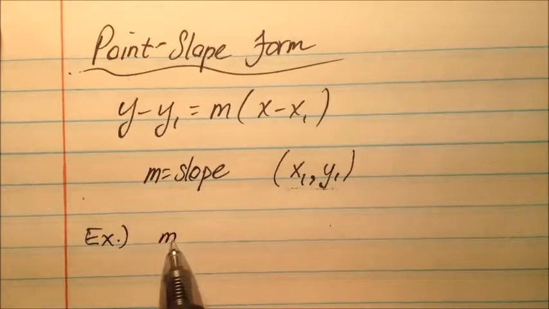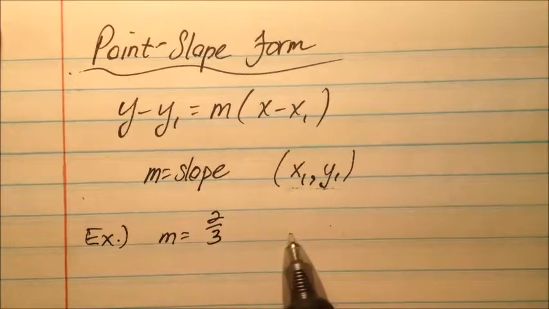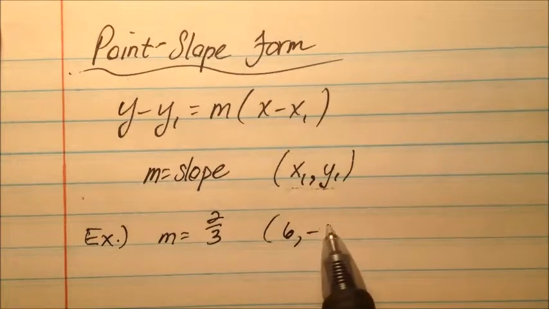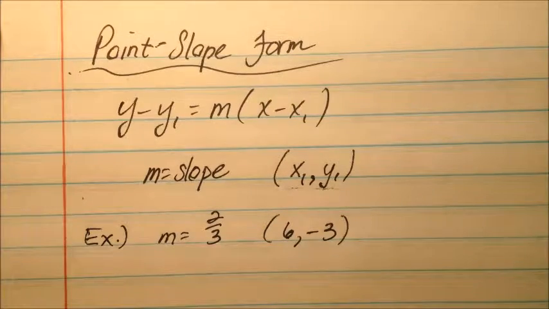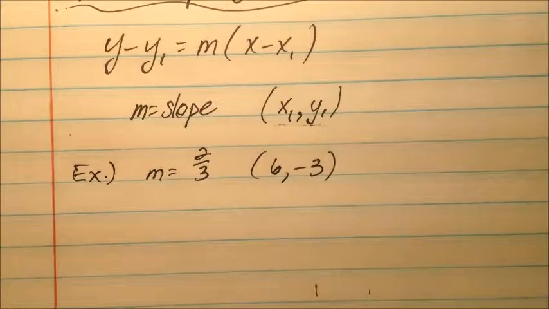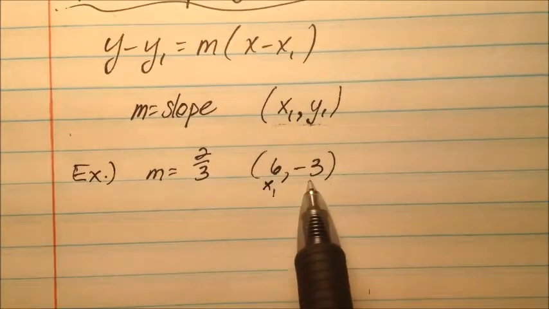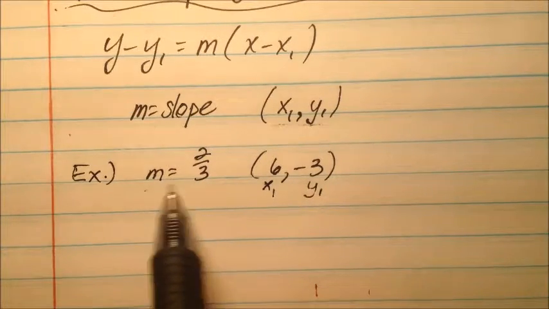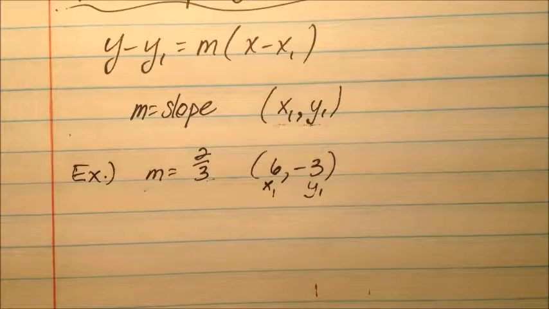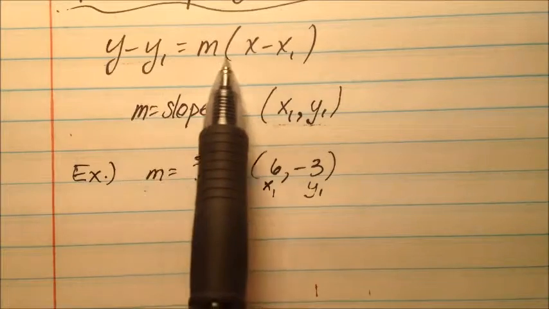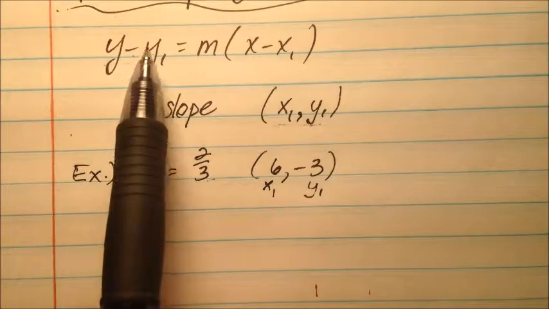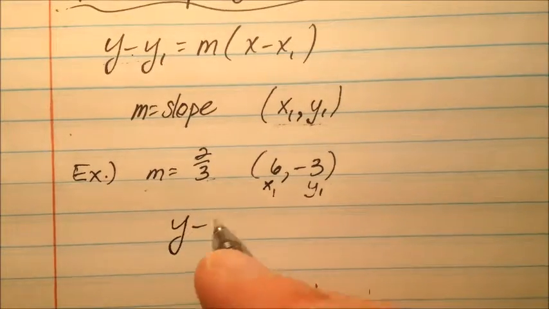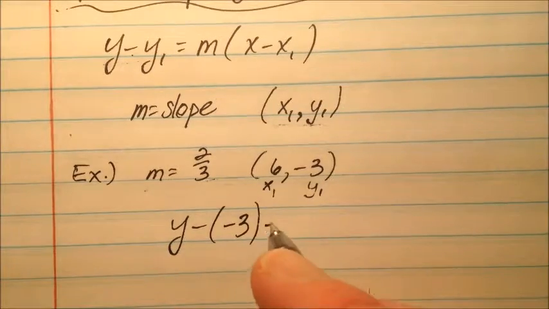If I know my slope is 2/3 and I have a point (6, -3), can I write an equation? Well, sure. Here's my x1, here's my y1, and my slope is 2/3. So I'm just going to put them straight into this formula. So y minus y1, so y minus my y1 is -3.